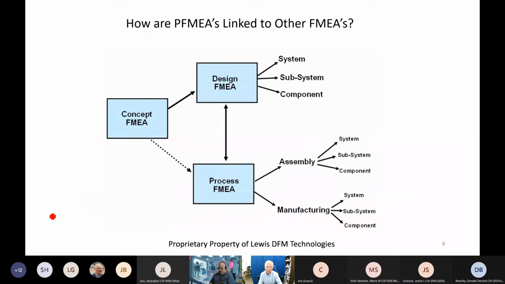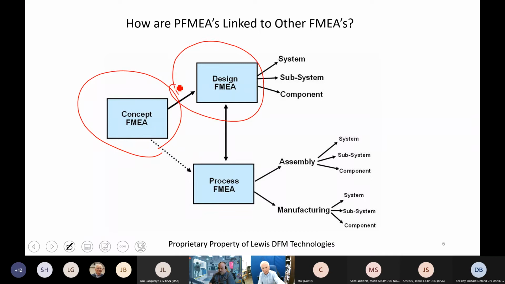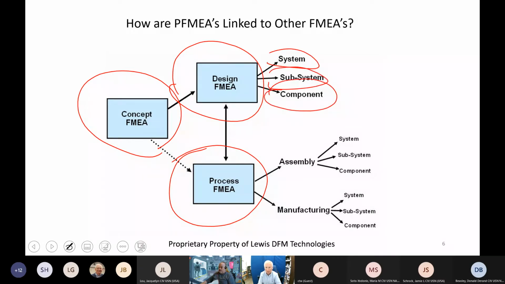Okay, so how are PFMEAs linked to other FMEAs? We already talked about them a little bit. We start with a concept FMEA, and then we go to a design FMEA and a process FMEA. So these are different FMEAs. They're run by different people with different criteria, but they're all required to look at the same thing, and that's the system, the subsystem, and the component level.